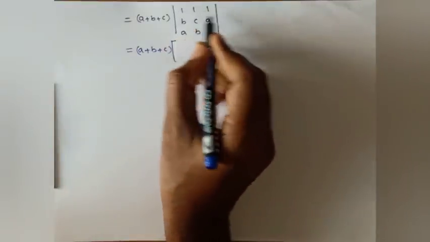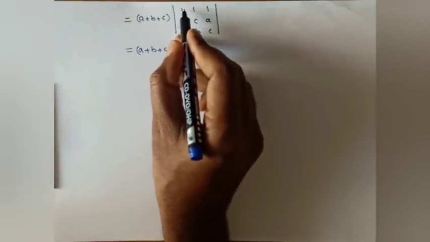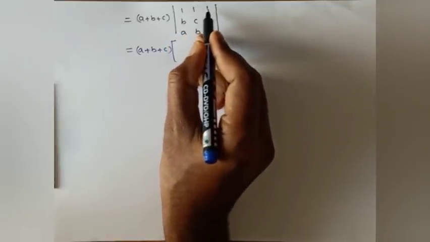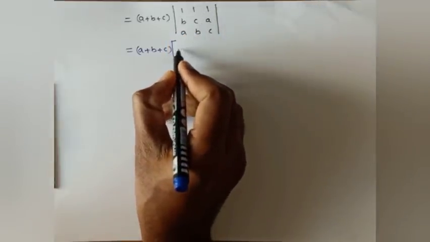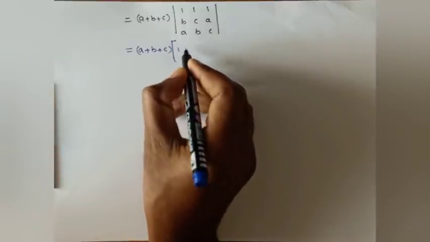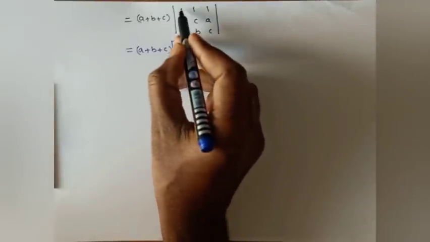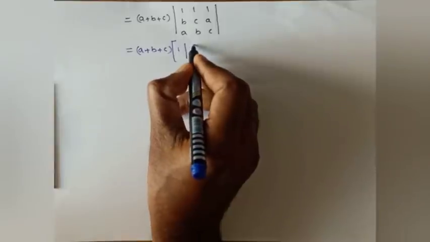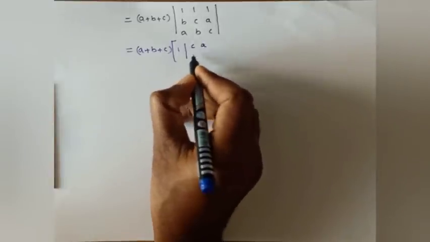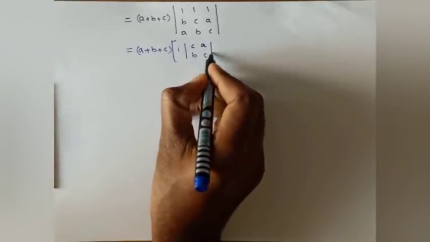So by using the first row, the first row signs are positive, negative, and positive. The first sign is positive, here the element is 1, and by deleting this row and column, the rest of the elements are c, a, b, c.